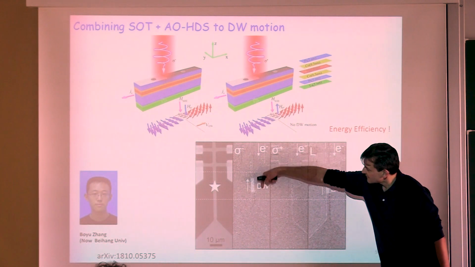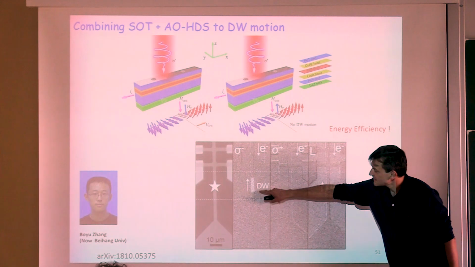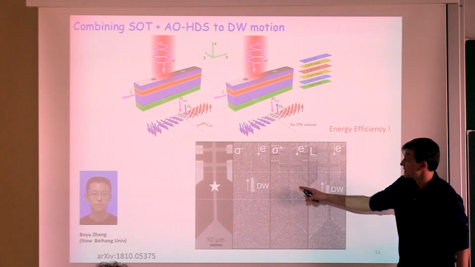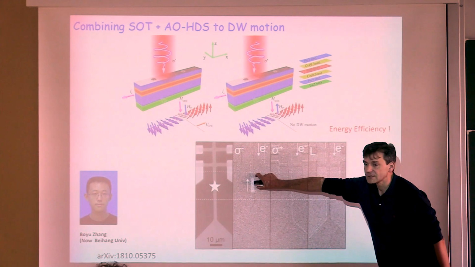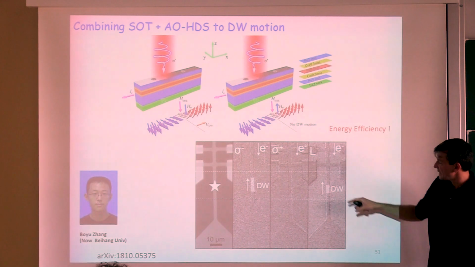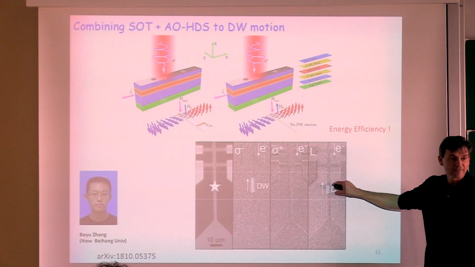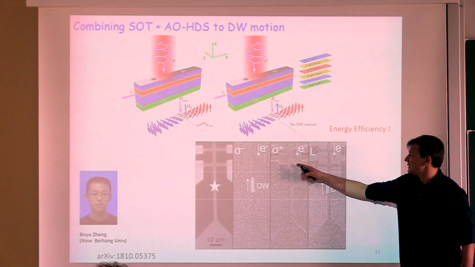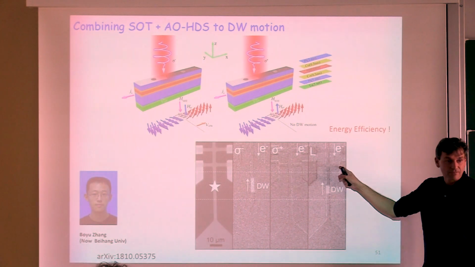Electrons are flowing in that direction, and this is how much the domain wall has moved. And so we see that from one helicity it has moved a lot, for the other helicity it has not moved, and for this helicity it has moved a little bit. And this is circular in one direction for those, and the other direction, and this is linear here.